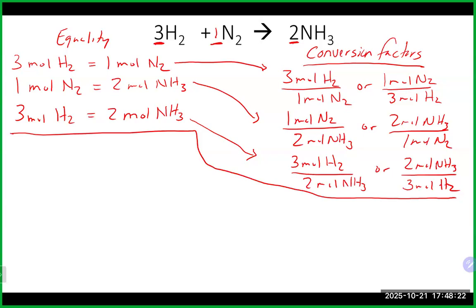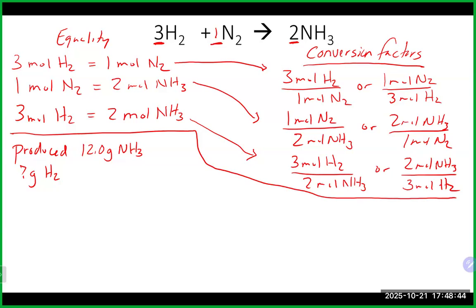let's just say that we were told that we produced 12 grams of NH3, right? And we want to know how many grams of H2 we actually started with.